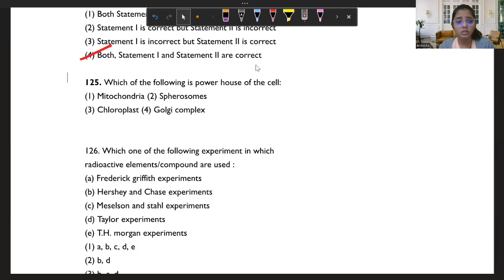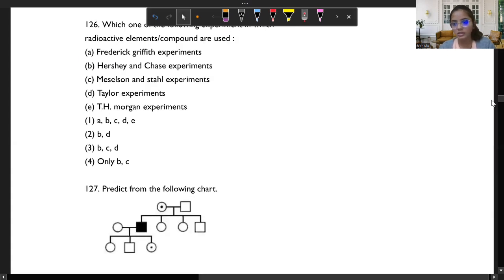Moving on to question 125. Oh my God, this is the easiest question existing on the planet. It is asking which of the following is the powerhouse of the cell. Now, if you do not know this since class 8, I don't know why you should. Okay. So the next question is question 126. What is it saying? Let us see.